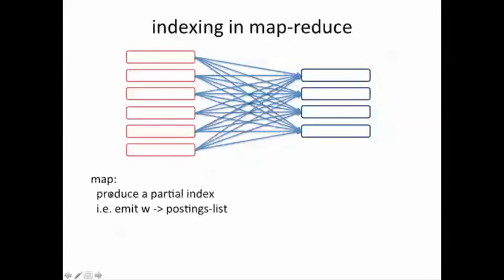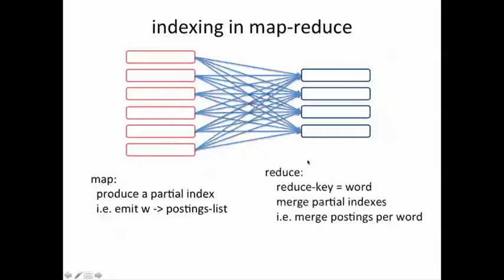In the map phase, we produce a partial index for a partial set of documents. That is, we emit for every word the postings list out of all the documents that we see. This is not a full index, so we have to reduce again by word and merge the partial indexes, that is, merge these postings lists per word into a common postings list.